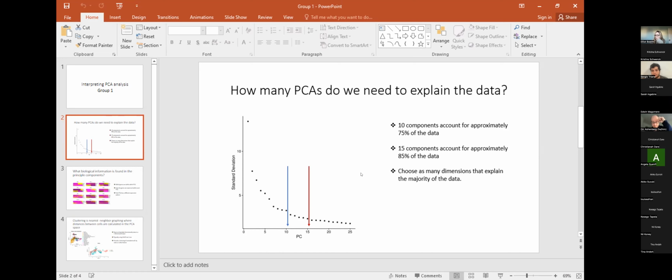As you can see here, when we look at the graph, we can see that at PC component 10, 75% of the data is represented.